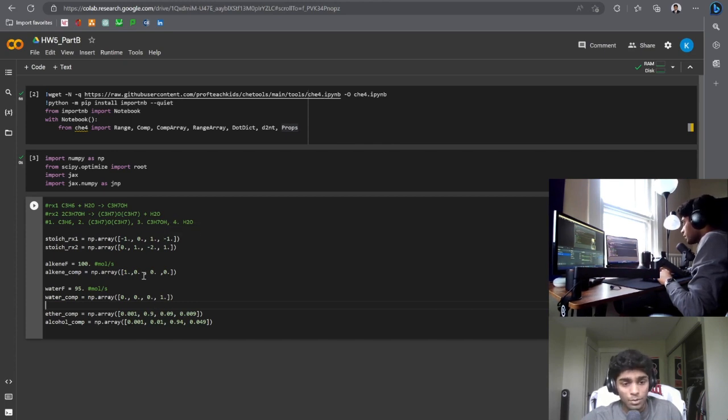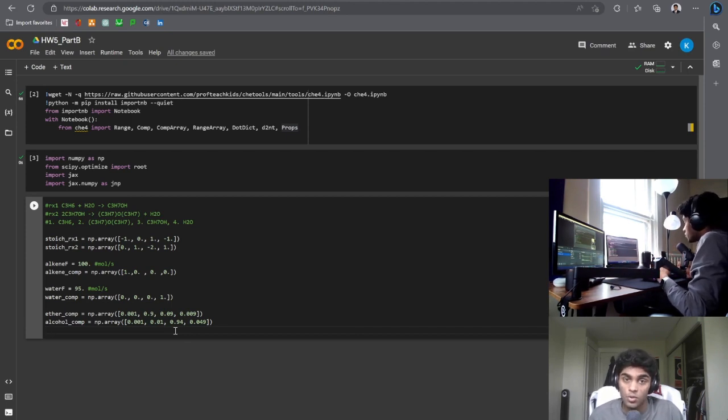If we were to multiply the alkene composition by, let's say, the first stoichiometric reaction where we're consuming that propylene, well, then we get how much propylene we are consuming at a certain rate. And thus we are able to get the total moles of alkene that is going into our reaction, and thus we can also calculate how much ether is coming out.